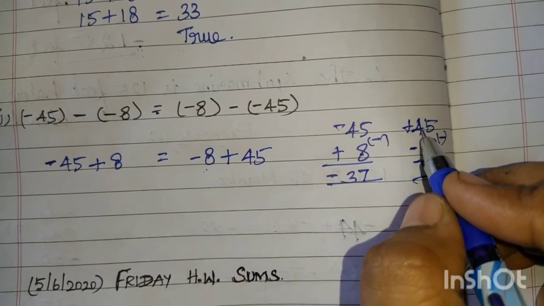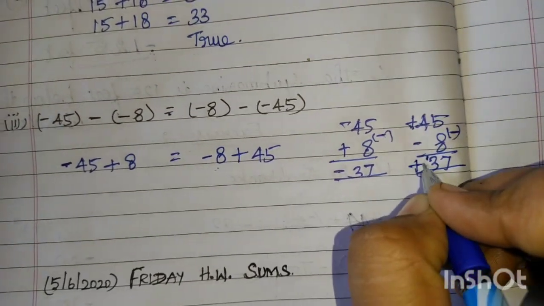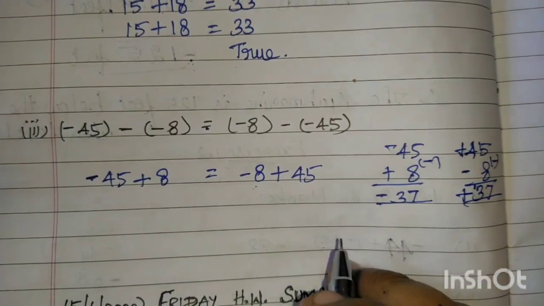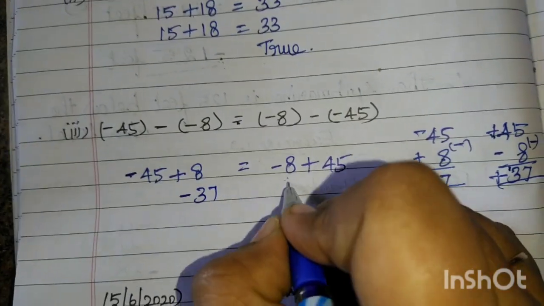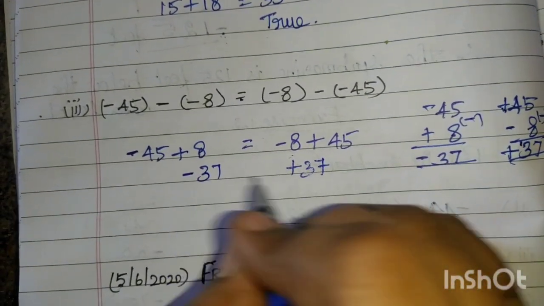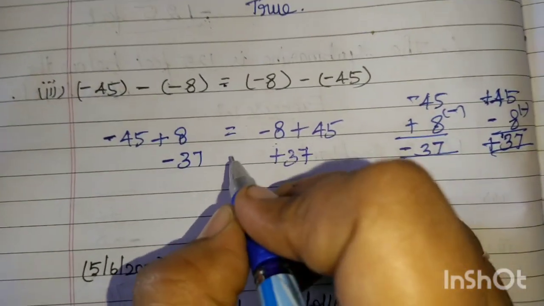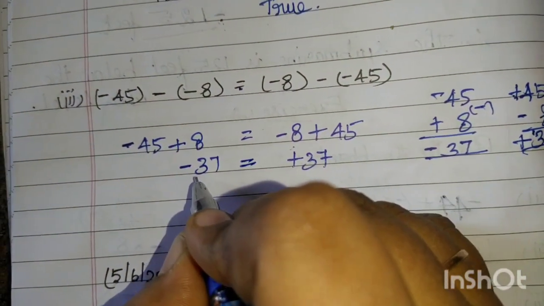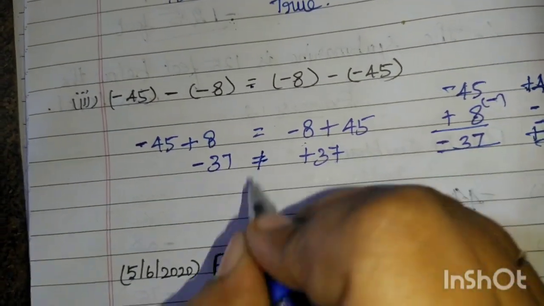But here the bigger number is 45. 45 before plus is there. So here plus will come. Okay, wow. This is minus 37. This side is plus 37. Children, you just answer me whether both the numbers are same. No. Very good. Because this is the negative number, this is the positive number. Both are not equal.